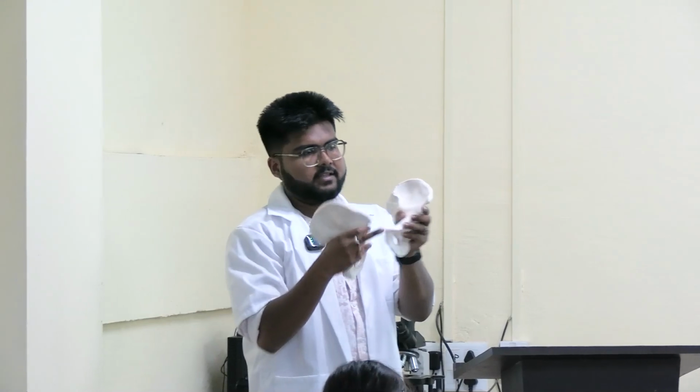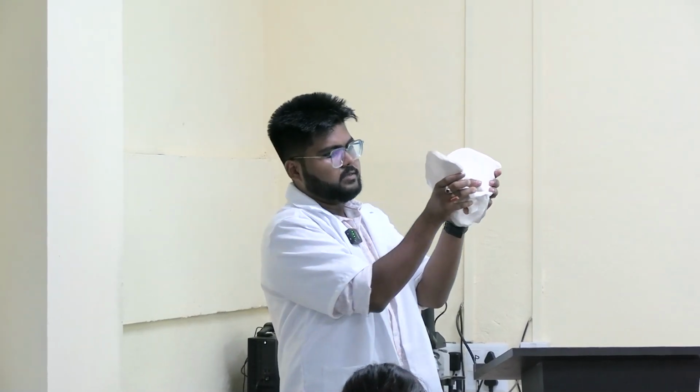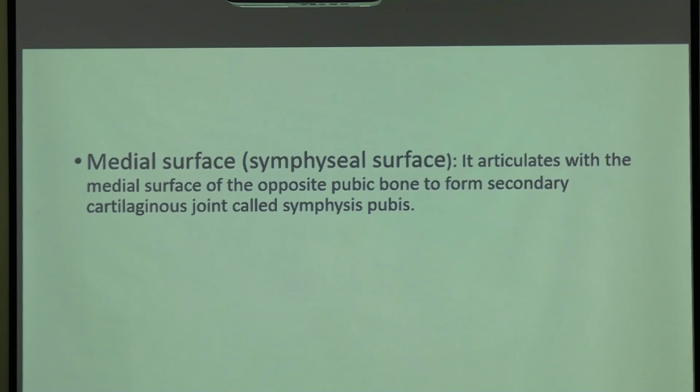This articulates with the other medial surface and forms the pubic symphysis. Okay, means here cartilage is present. That's why this part is joined. One cartilage joins these two bones. Secondary means normal things. Okay. Secondary means secondary. Primary, secondary.